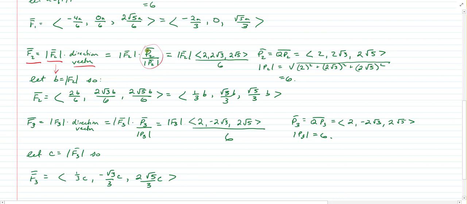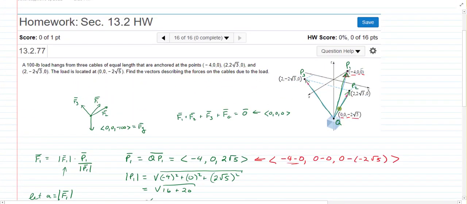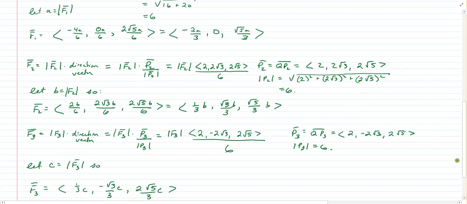So I got the unit direction vector by looking up at the original image and saying, okay, for instance, for force 2 here, the direction vector is going to be the same direction as this vector that goes from Q to P2, and so that's how I got the coordinates for that direction vector. So for F2 there, I got the direction vector, and then I divided by its length, which also came out to be 6.